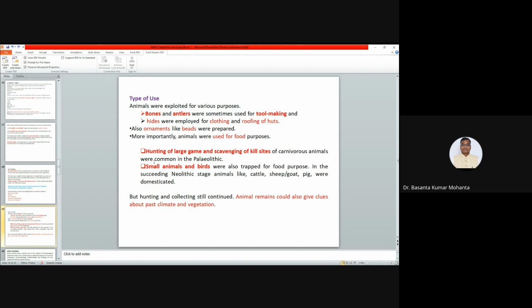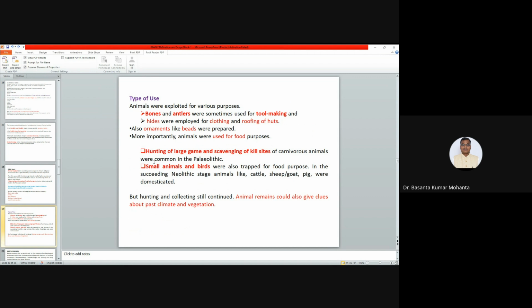They kept a reserve for food during times of scarcity, natural calamities, drought, and famine. At that time they used these animals as ready-made food. So they started both hunting animals as well as domesticating animals.